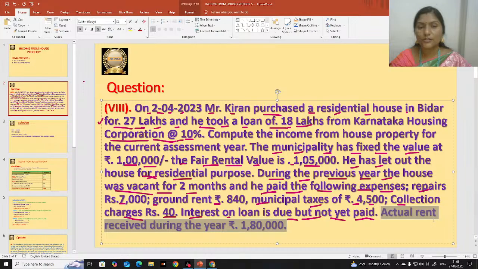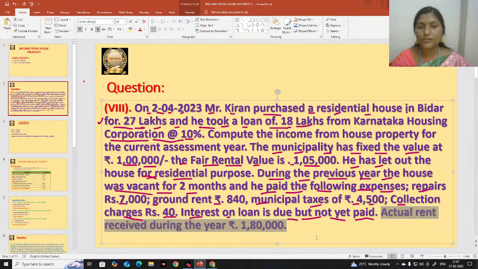So the assessee is receiving actual rent from the tenant of 1,80,000.